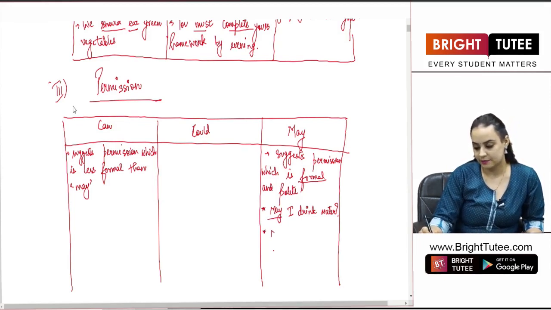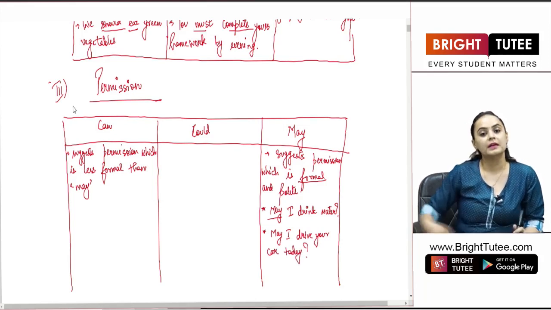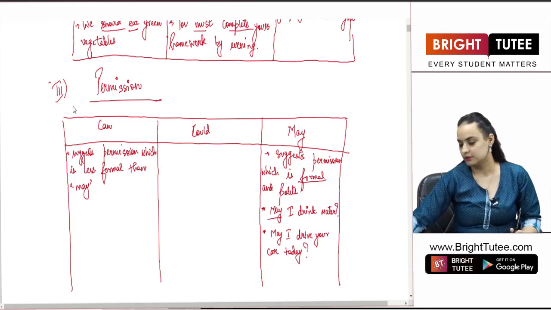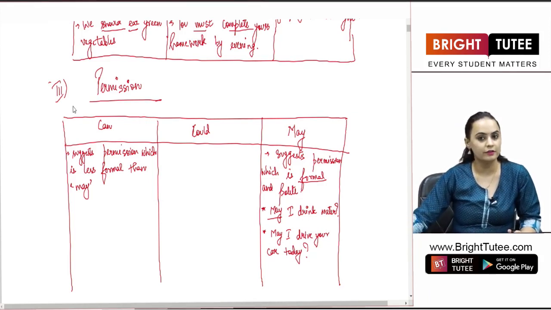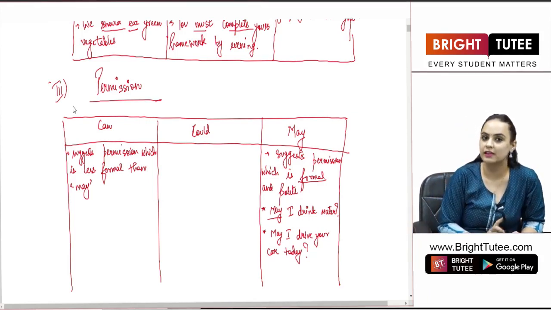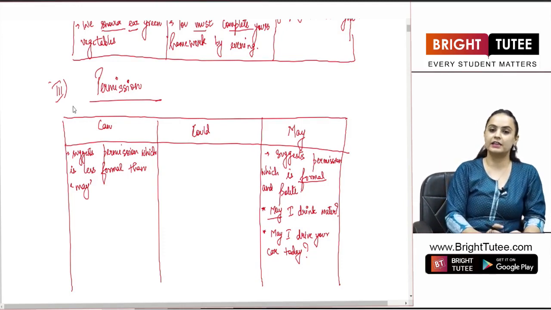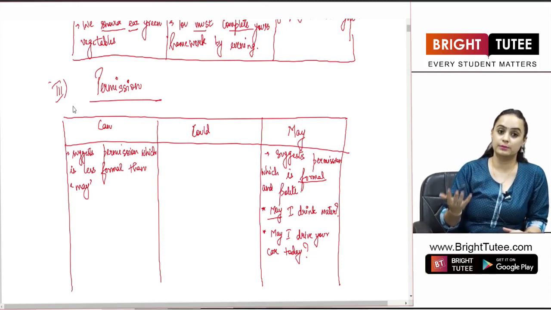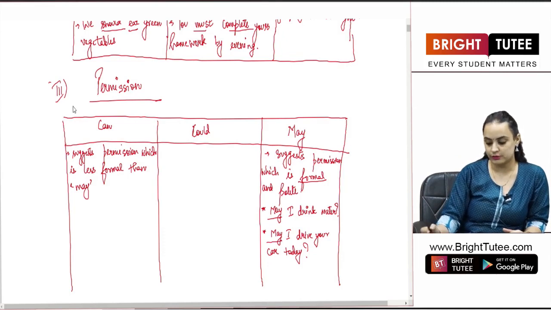Second, if I say, may I drive your car today? This is the permission that I am taking. Again, if I am taking a permission which is polite and formal, I use may.